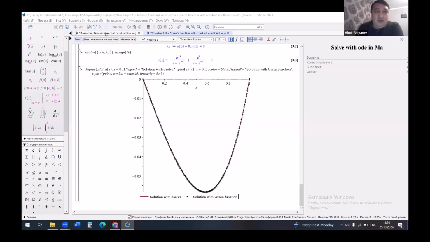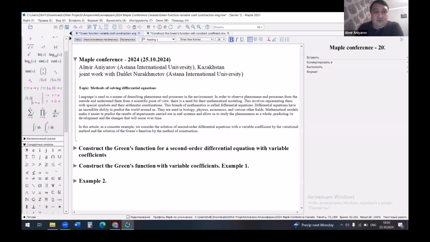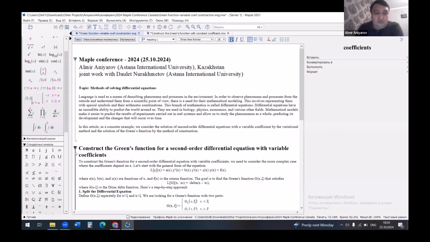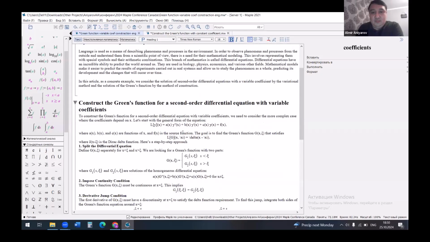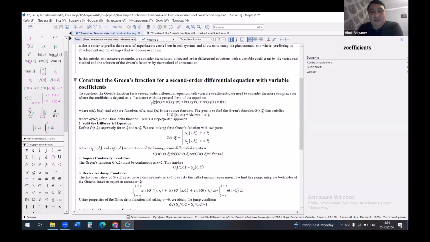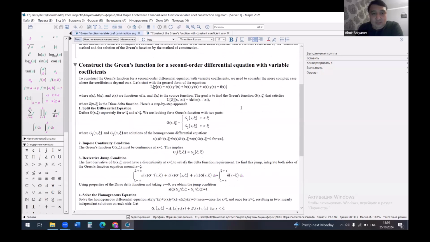And we construct the Green function for the variable coefficient case with this method. The variable coefficient equation looks like this form, a differential equation of the second order. Here we also follow some steps.